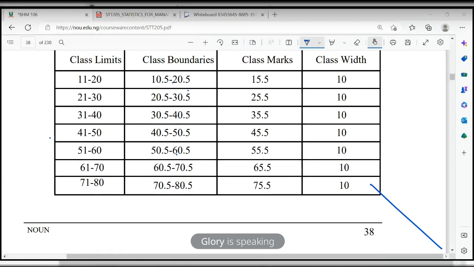But on its class intervals is written. It's not class interval you use, it's class boundary. But you can use class interval for class marks if you want to.